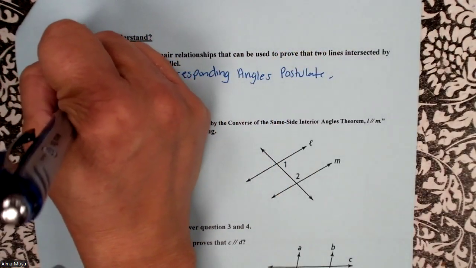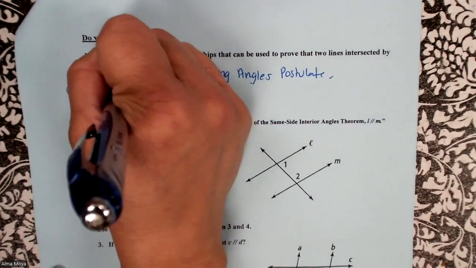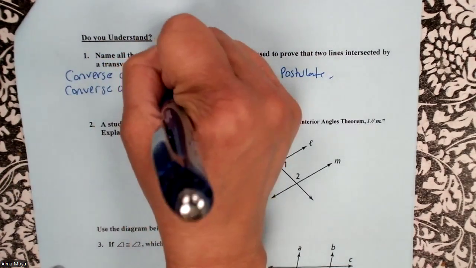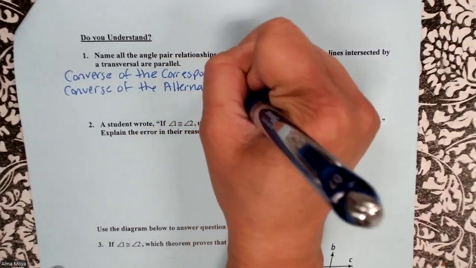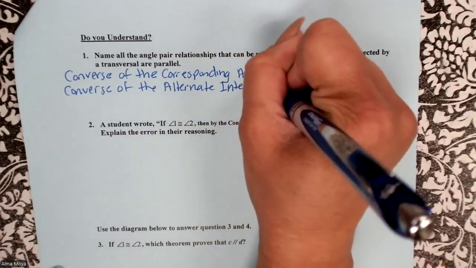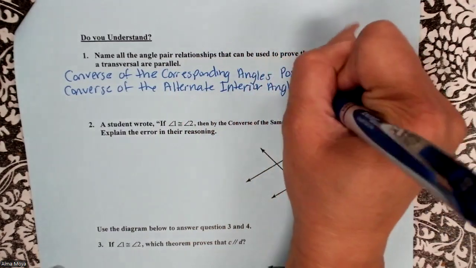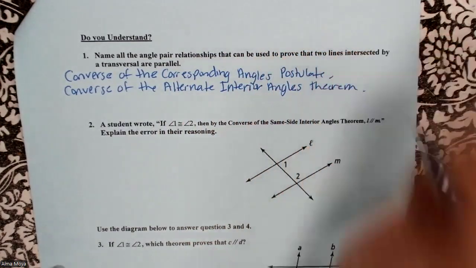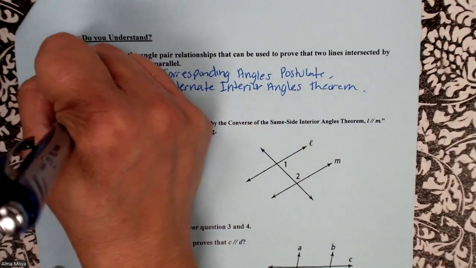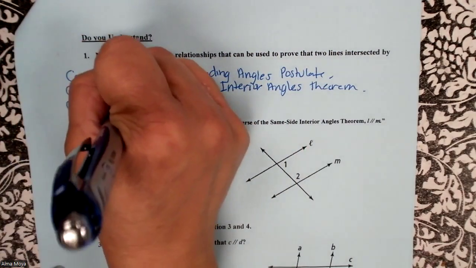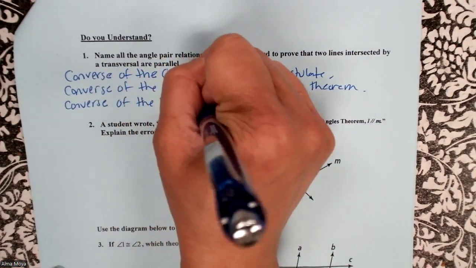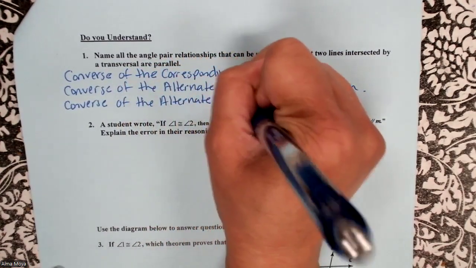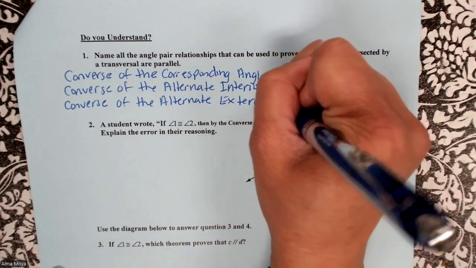We have the converse of the alternate interior angles theorem. We have the converse of the alternate exterior angles theorem.